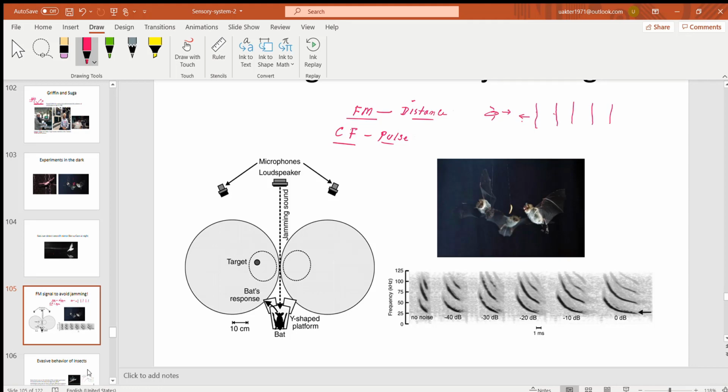That means the compression occurs, right? So this is the pulse and the frequency is here, and when the echo returns, because the bat already moved forward more, the returning frequency is slightly higher.